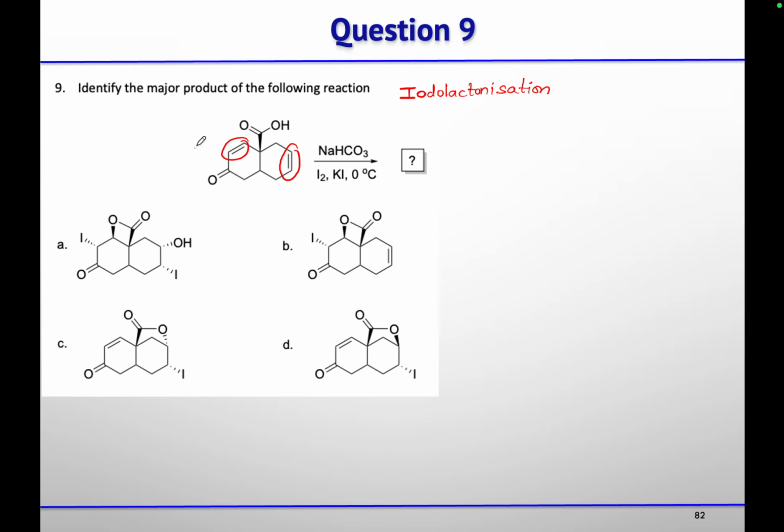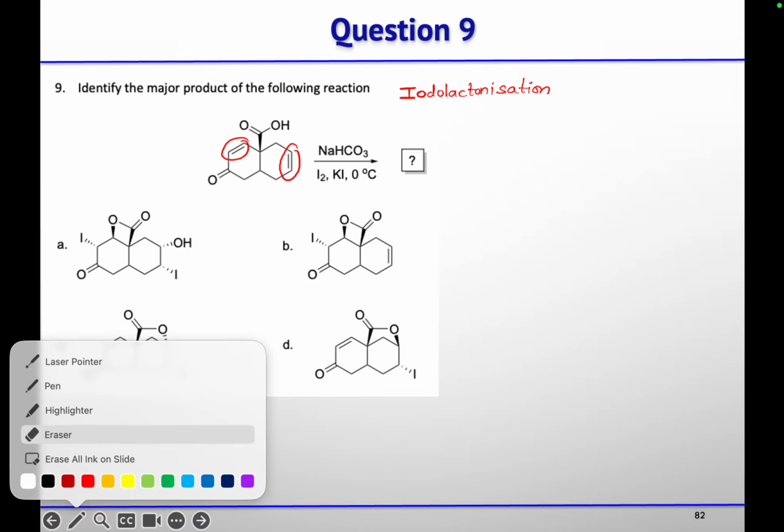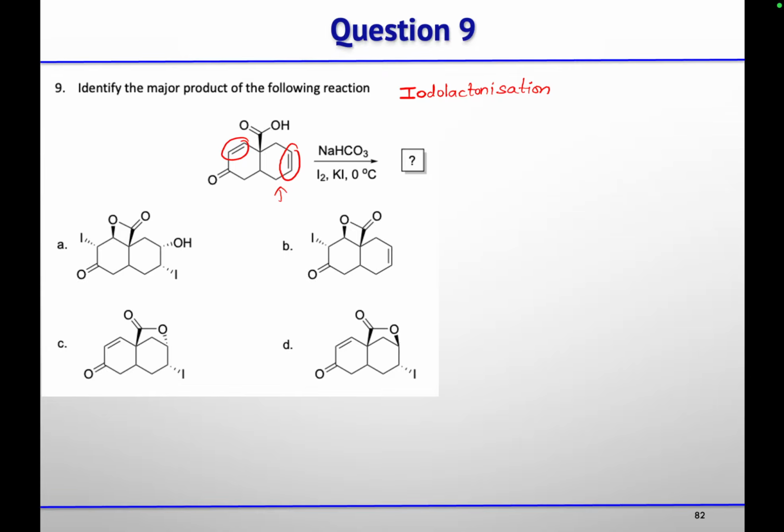So the enone is less nucleophilic than the other one, and the isolated double bond is free also. So this is more reactive, and it will react with iodine to form the iodonium ion first, and then the acid will open that iodonium ion to form the corresponding iodide.